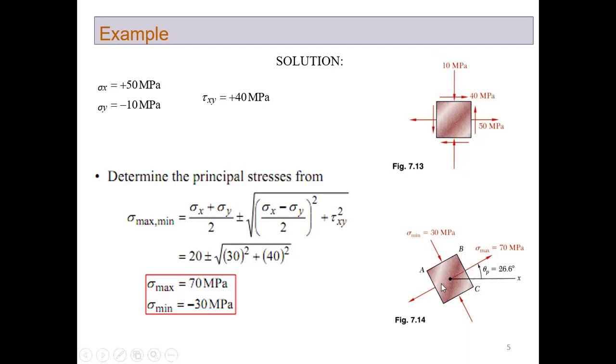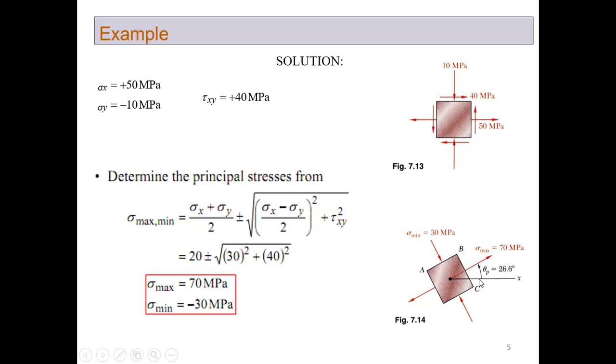First of all, you have to draw a horizontal line representing the x-axis. Then you have to draw a line at an angle of 26.6 degrees, theta p. It is the orientation of one of the principal axes, which we have already calculated in the previous slide, and it is positive.